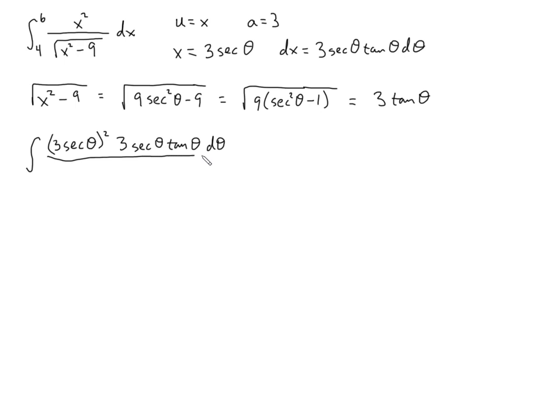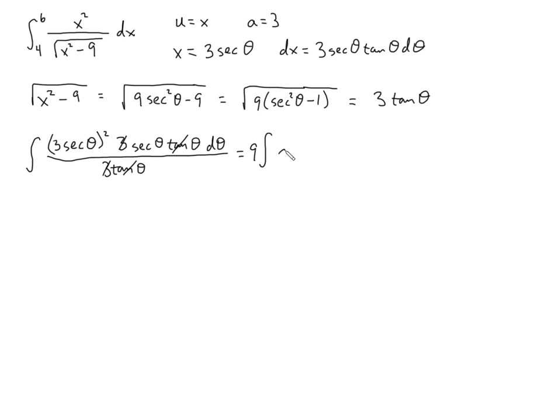The denominator, the radical term, we just said what happens to that, becomes 3 tangent theta. Okay, then these tangents can cancel, and these 3's can cancel. And what integral are we left with after that? Squaring that, you get 9. Secant squared, and then there's another secant, so we get 9.